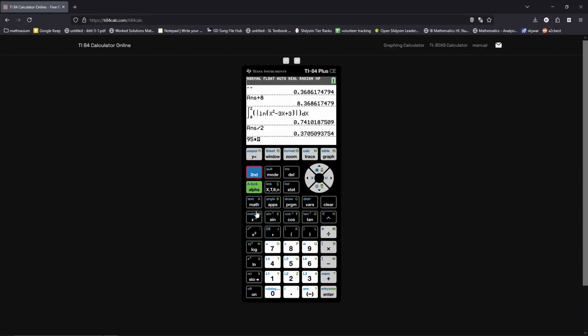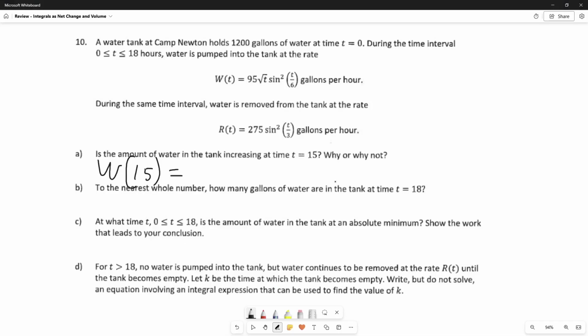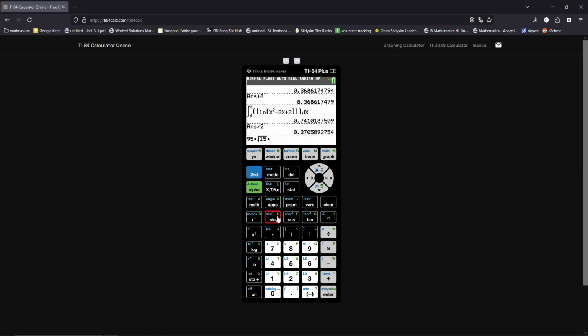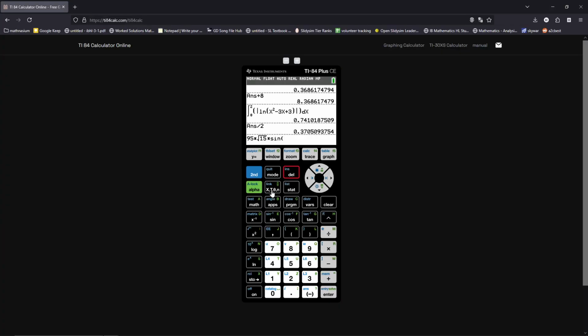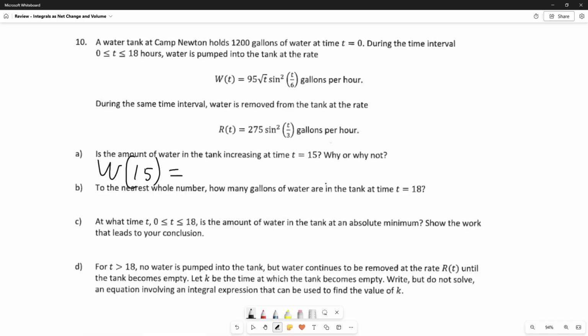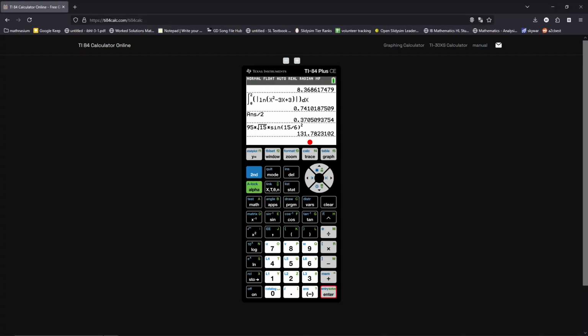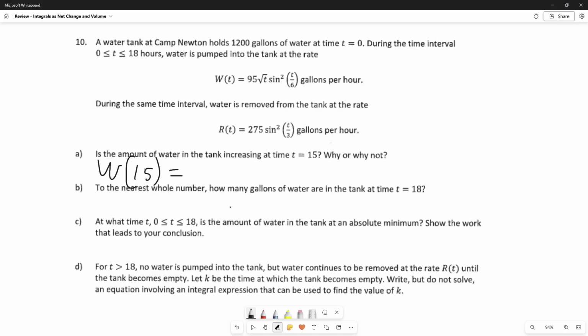95 times the square root of 15 times sine of 15 over 6 squared. And that's 131.7, so about 132.